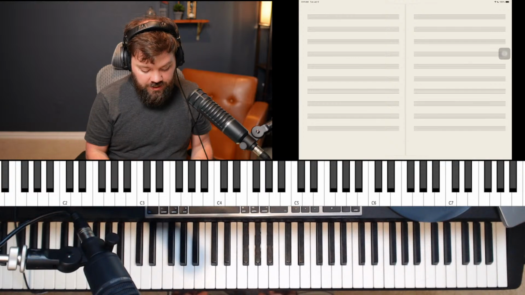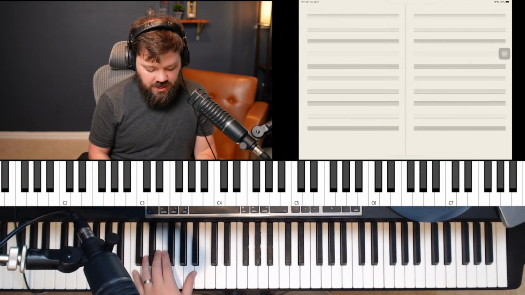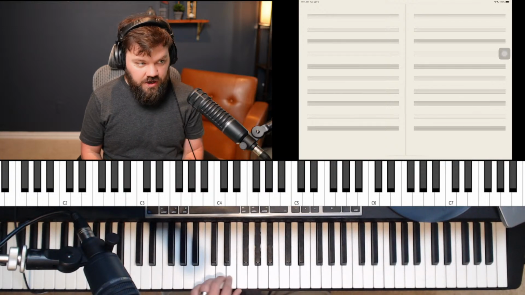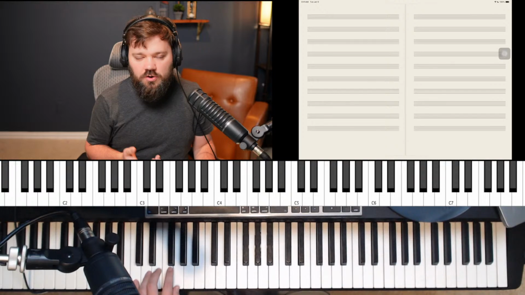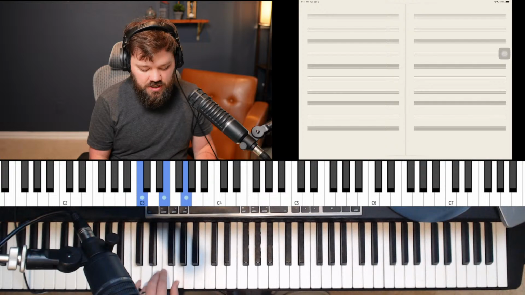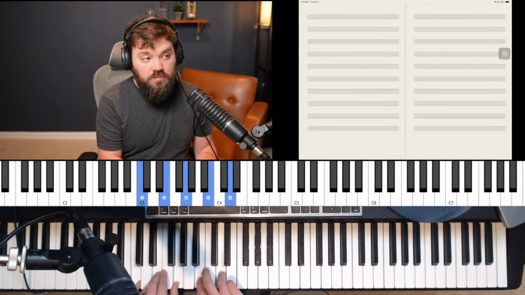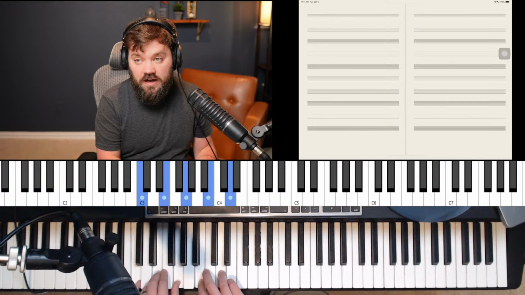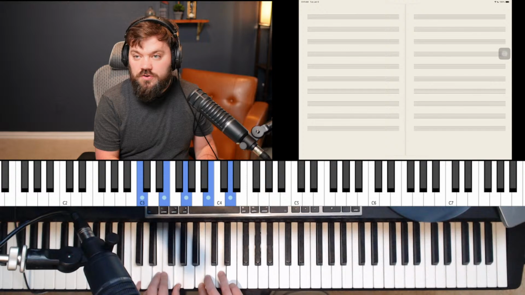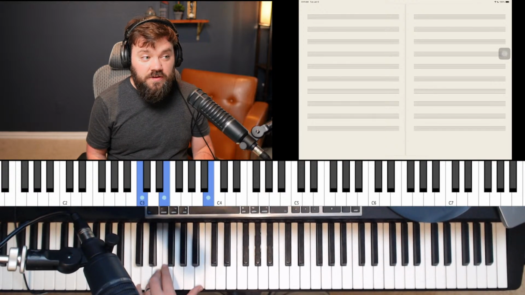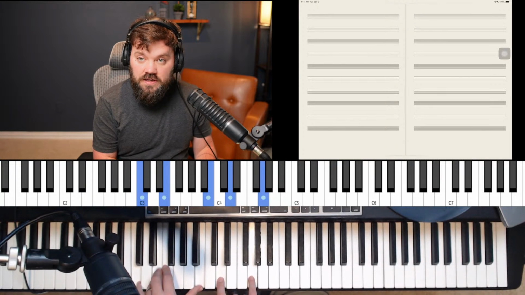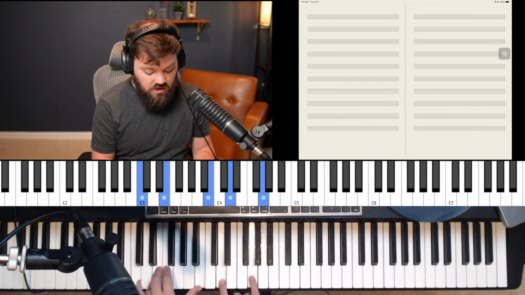So, for example, I can take a C major 9. This probably isn't going to be a very characteristic jazz voicing, but I could play C, E, G in the left hand, and then I can play the 7th and the 9th in my right hand. I can also do it a little bit differently where I maybe play the root, 3rd and 7th in my left hand, and then I play the 9th and the 5th in my right hand.